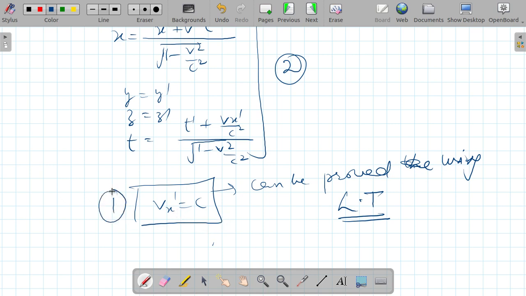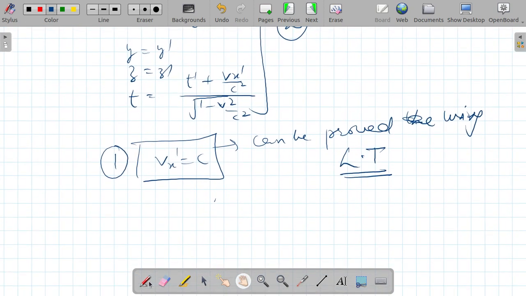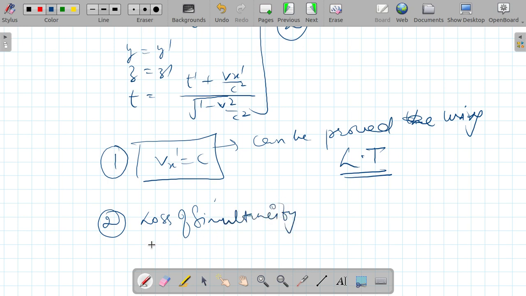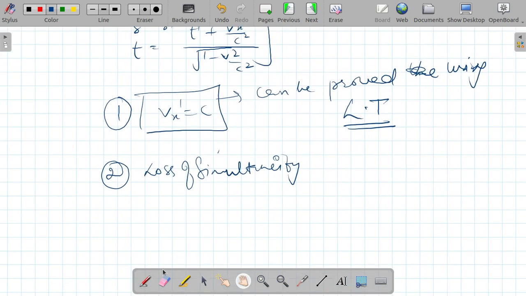This is the one consequence of Lorentz transformation, there is another consequence of this, loss of simultaneity. It's also another consequence of Lorentz transformation. And next consequence is the time dilation and length contraction.